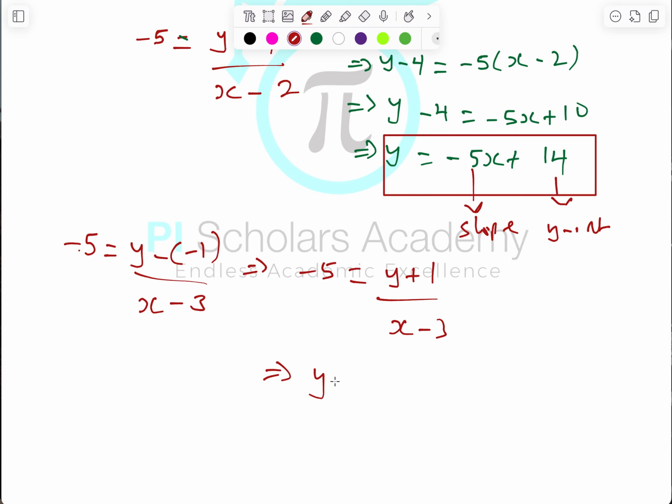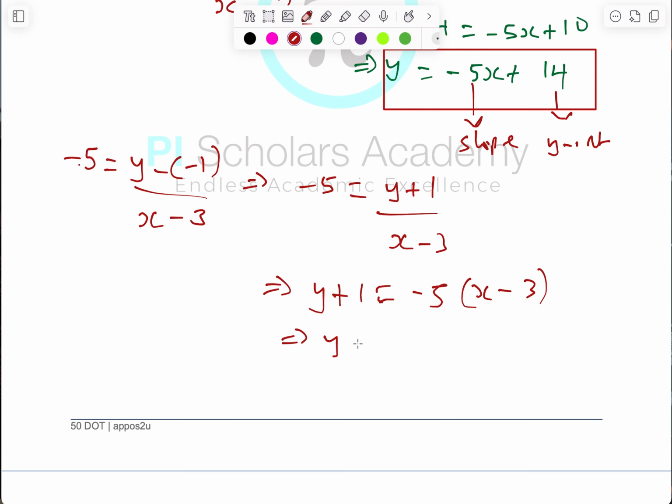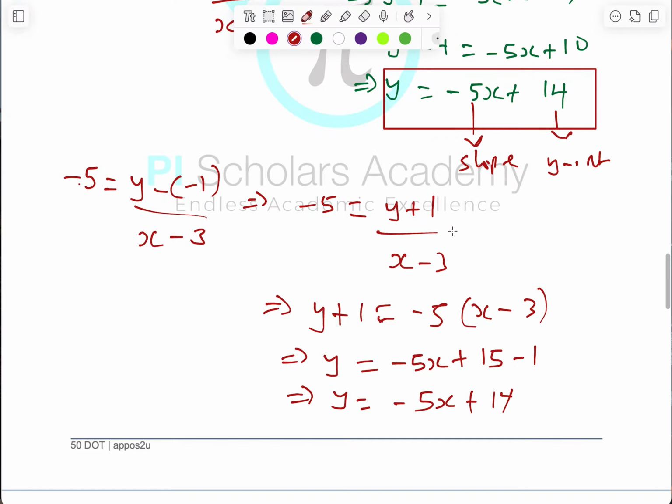So that would imply that y plus 1 equals -5 multiplied by x minus 3. And this would imply that y equals -5x plus -5 times -3, that's 15, and minus 1 here. So that implies that y is -5x plus 14. So you can see we still get the same result.